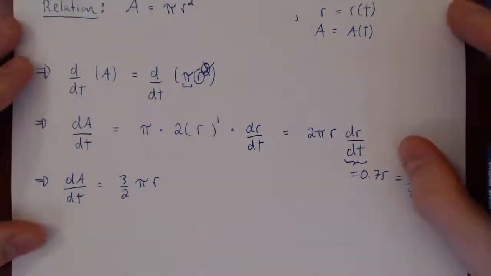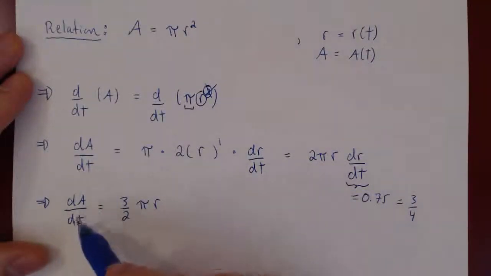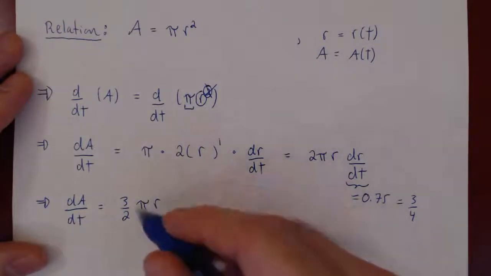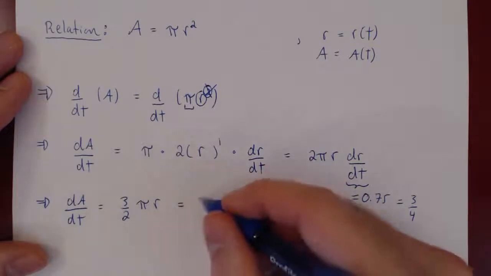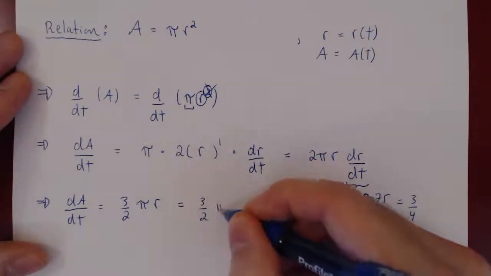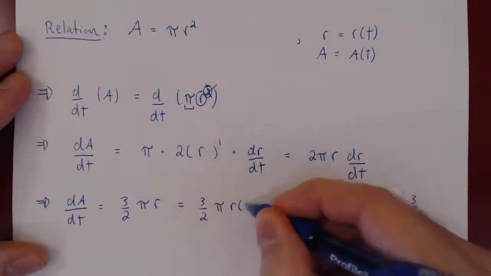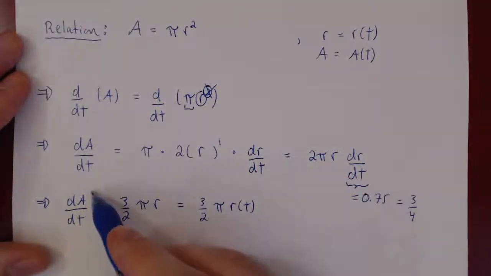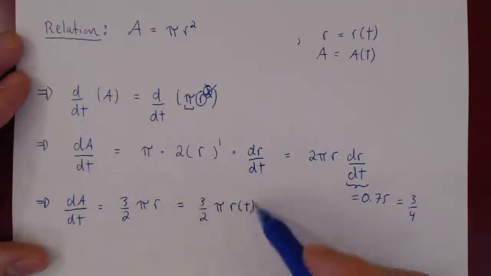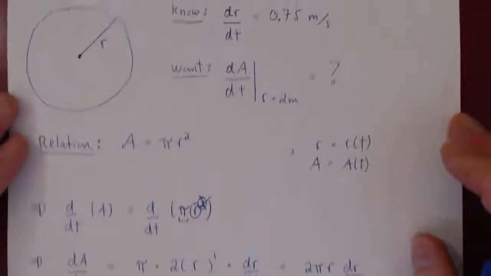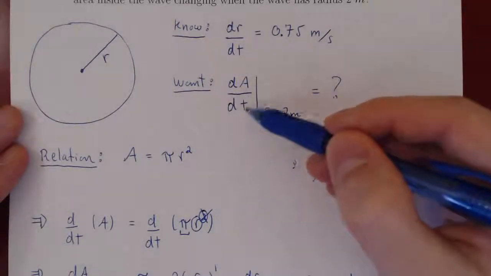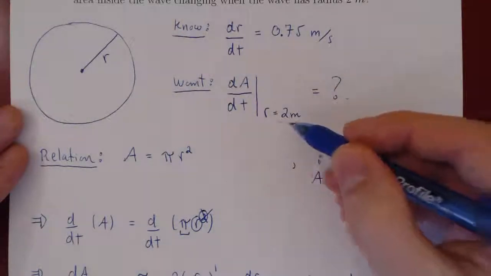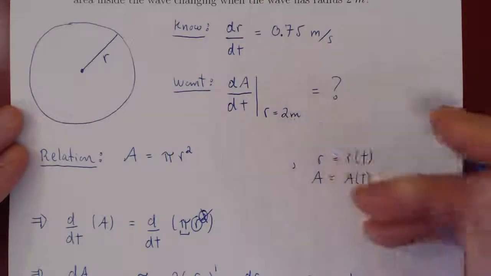And finally, we wanted the rate of change of the area, and if you think of it, because r is a function of t, this would be 3 over 2 pi times the radius as a function of time. So what we now have is the rate of change of the area as a function of time, but we wanted specifically the rate of change of the area as a function of t when the radius was exactly 2 meters.